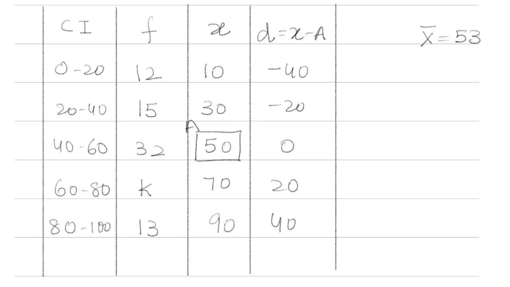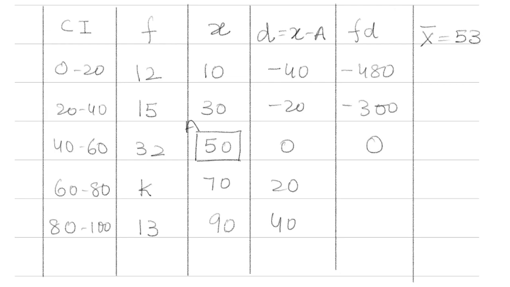Now let's find out the values for frequency into deviations. Minus 480, and this would be minus 300. This would be 0, and this would be 20K, and this would be 520.